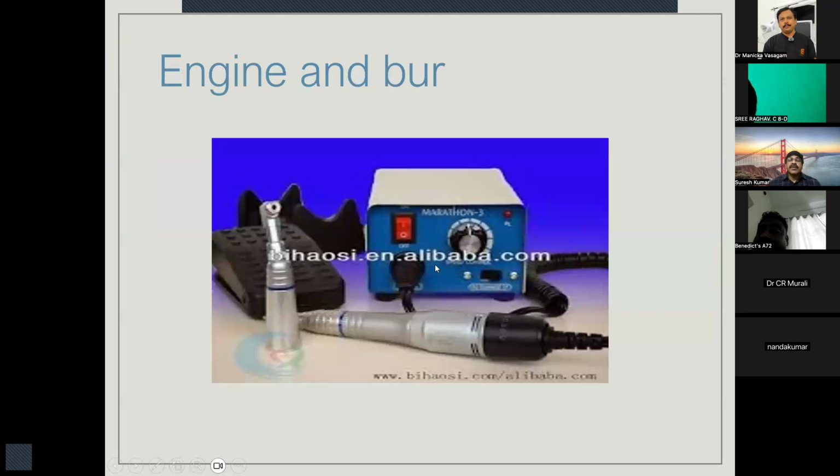So always use a micromotor with a straight handpiece with surgical burs. The speed recommended in micromotors is between 40,000 to 60,000 RPM. You all know in the air rotor the RPM is in lakhs, 2 lakhs minimum RPM is used in an air rotor, but in surgical micromotors it's only 40 to 60,000 RPM.